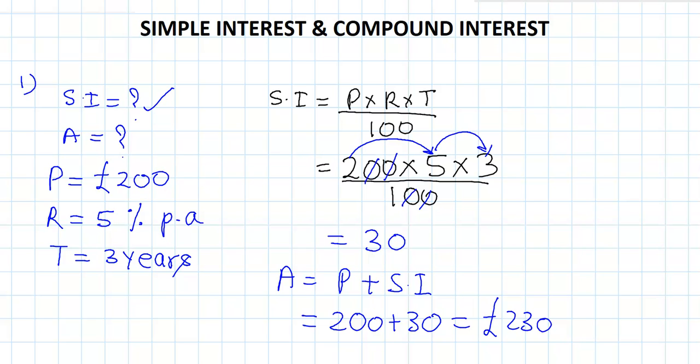Now in the same question, I'm going to explain compound interest. Okay, and see what I'm going to do. I will just rub this, and in the same question, I will change certain things and we will do compound interest. Okay, so get ready now.